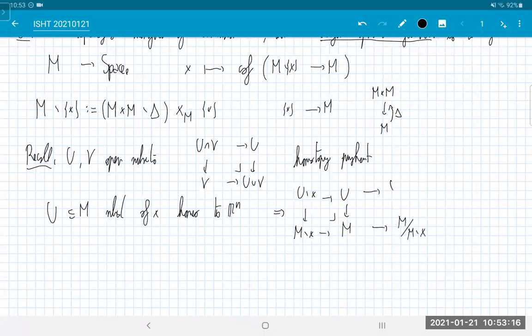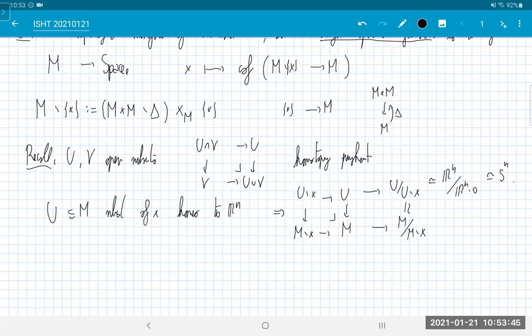And here we have U mod U minus X, and these are homeomorphic because cofibers of parallel arrows in a homotopy pushout square are homeomorphic. And this is homotopy equivalent to S^n. This is R^n mod R^n minus 0, and as discussed before, this is just S to the n. So this is indeed the tangent bundle.